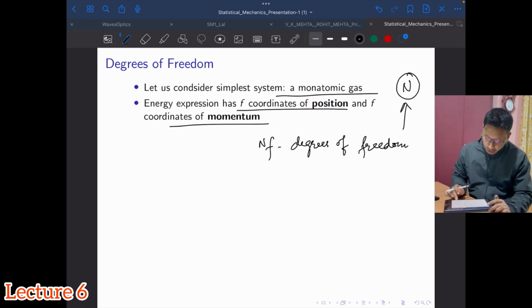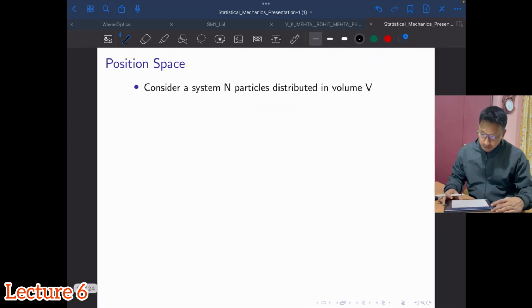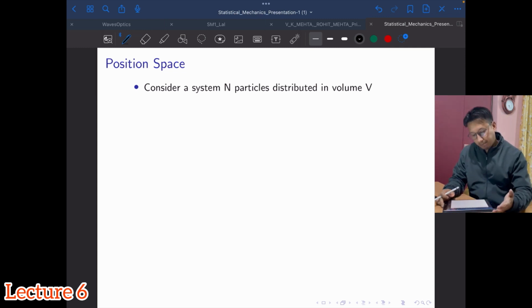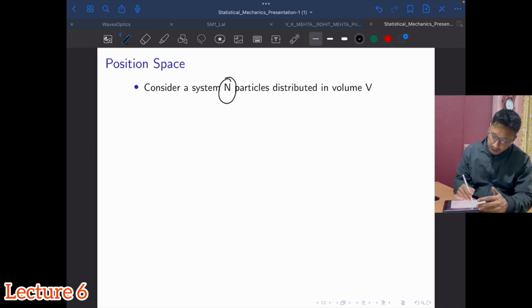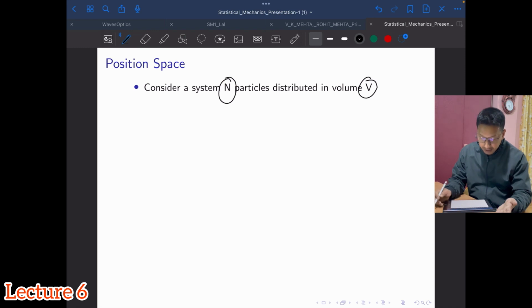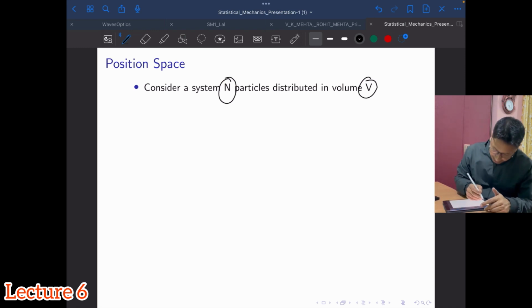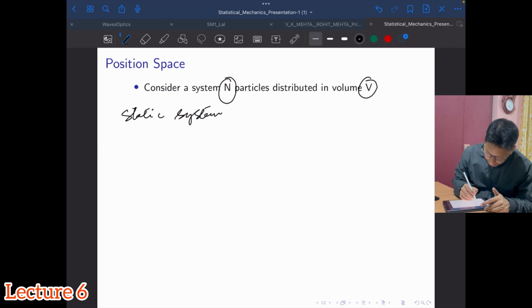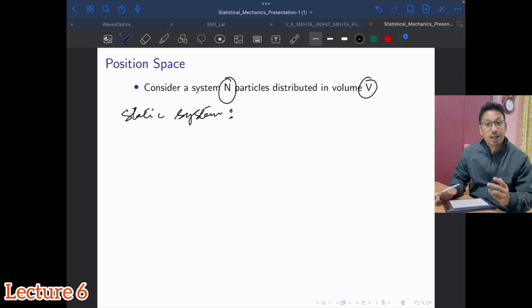The next concept you need to be familiar with is position space. Again, consider the simplest system: n particles distributed in a volume V. Let's consider a static system, meaning all the particles are static, all at rest.